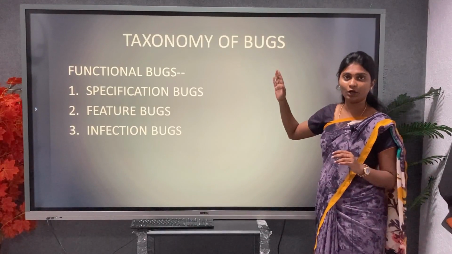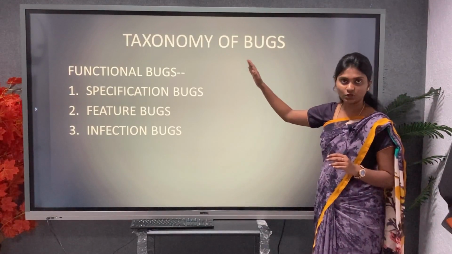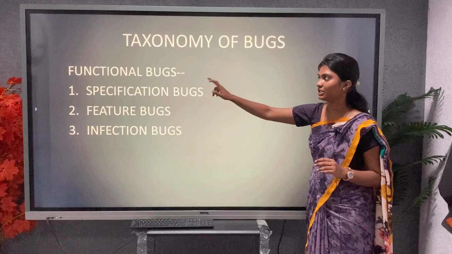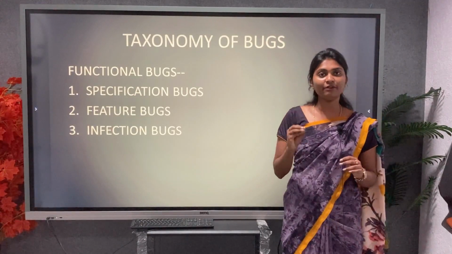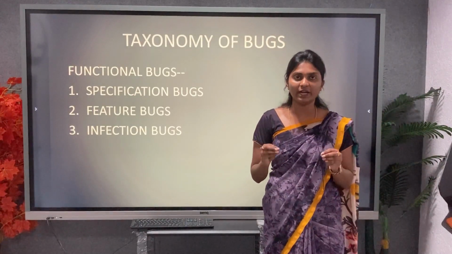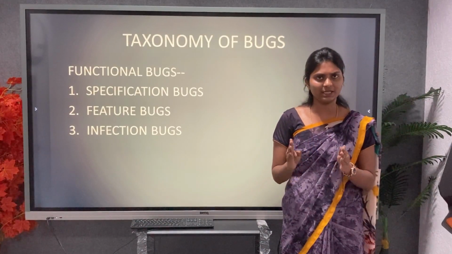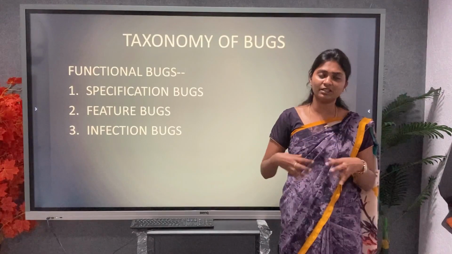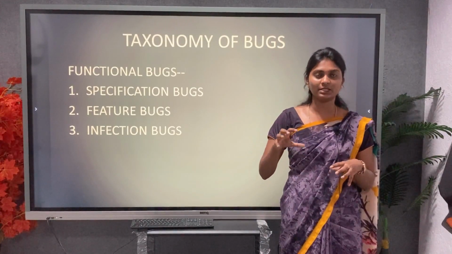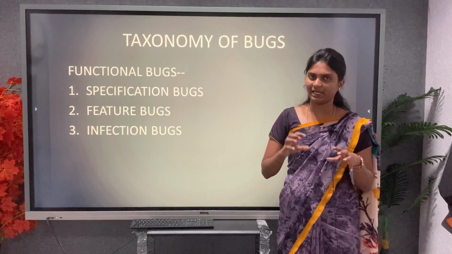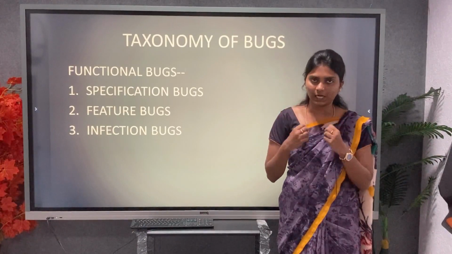Okay, next we will talk about the taxonomy of bugs. In the taxonomy of bugs, the first one is functional bugs. In functional bugs, we define the functional units. In requirement analysis, we gather all the data from the internet or a browser, anything, and collect the data.